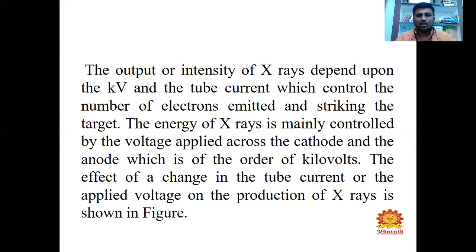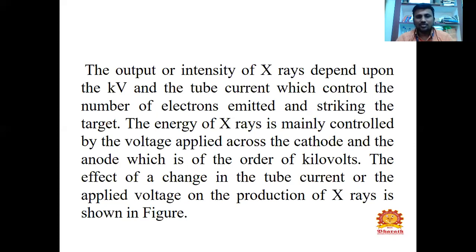The output or intensity of X-rays depends upon the tube current, which controls the number of electrons emitted and striking the target. The energy of X-rays is mainly controlled by the voltage applied across the cathode and the anode, which is of the order of kilovolts.